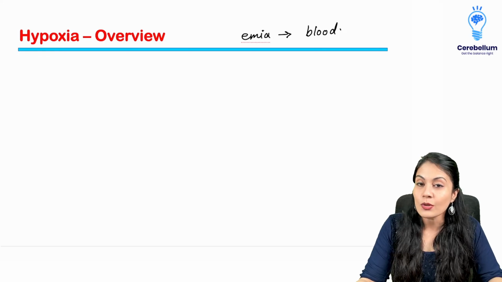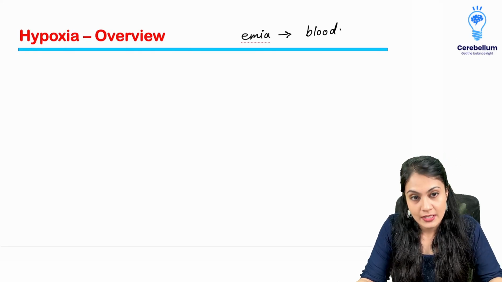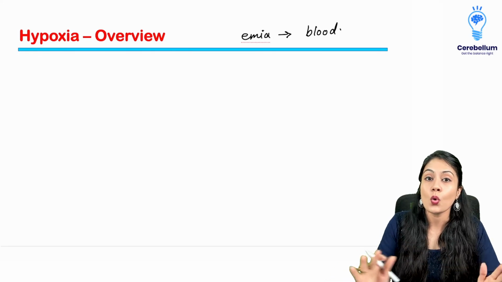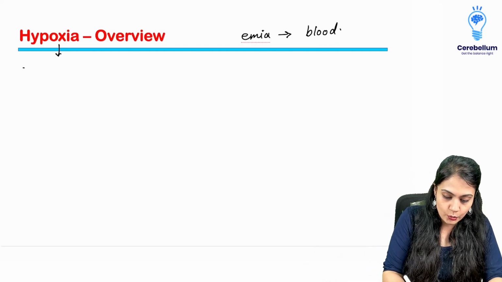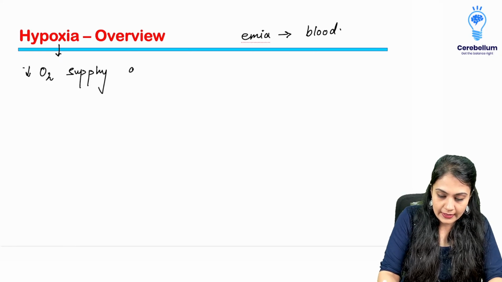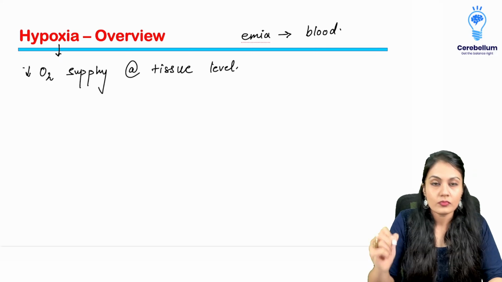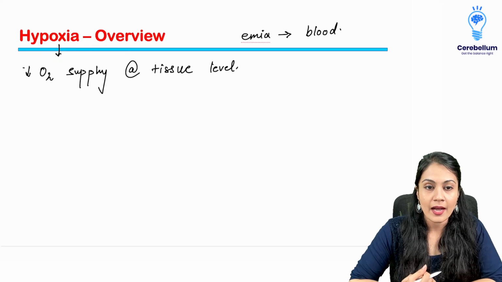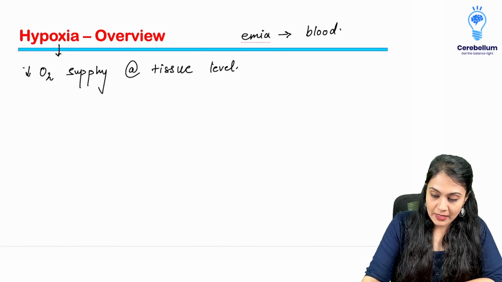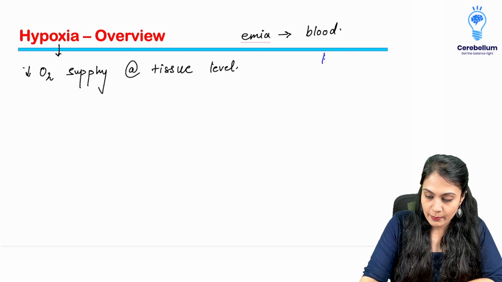But over here we are talking about hypoxia. In hypoxia there is no emia terminology given. So please remember, this is related to decrease in the oxygen supply at the tissue level. If emia comes, very good, Osama, that means I'm going to write it as hypoxemia.